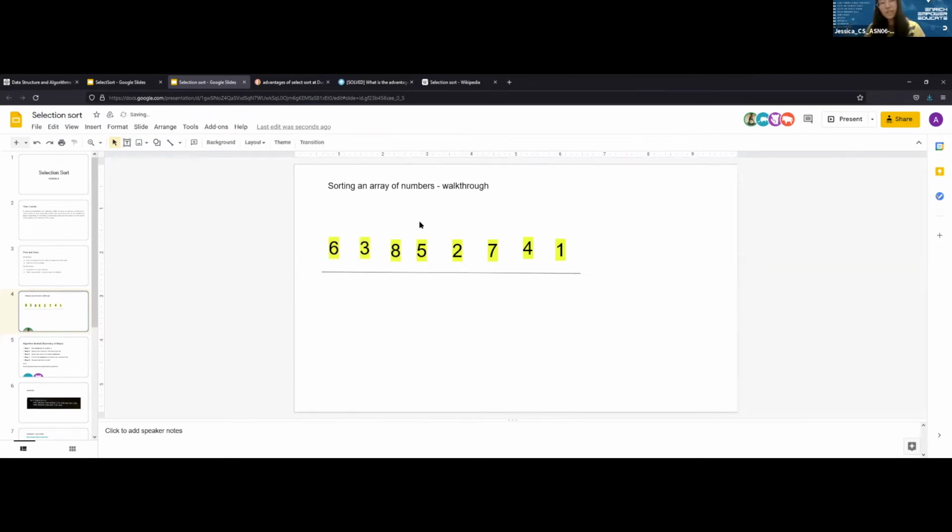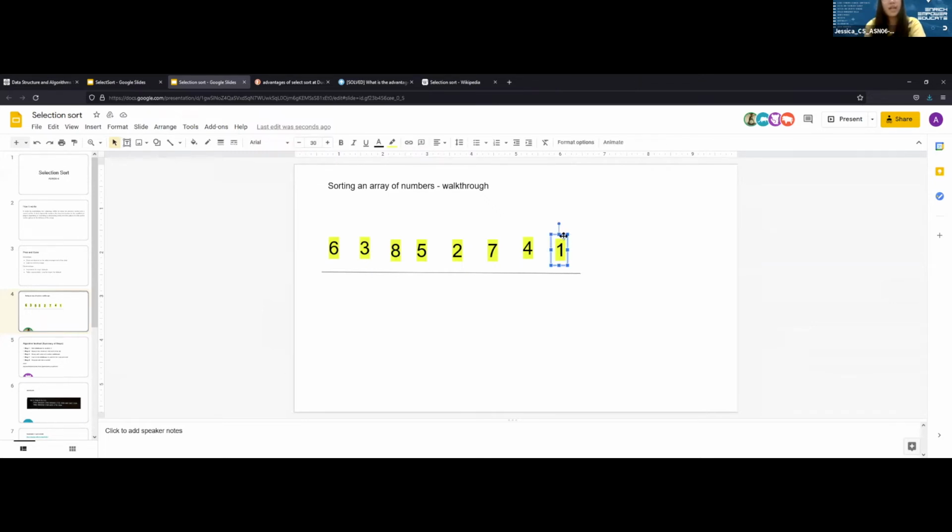Which is still larger than 3, so we're going to move on to the next element, number 2, which is less than 3, so we are going to temporarily store that into our memory as the smallest element. Moving on, 7 and 4, and finally 1, which is the smallest number that we've seen so far.